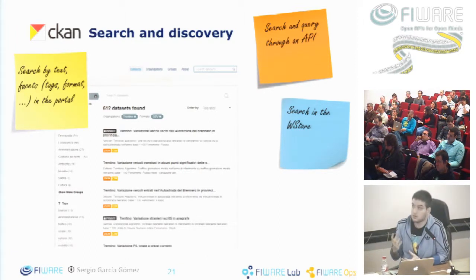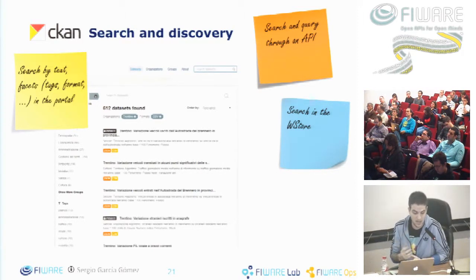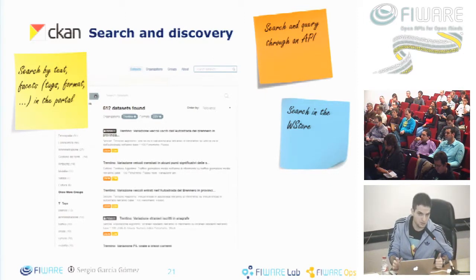They can search by facets, text, or tags in the portal, or they can use the REST API to access all the data that is published in a programmatic way. In addition, they can go to the store, where they will find not only the data, but also the visualization methods that can be used to visualize the data included in the offering.